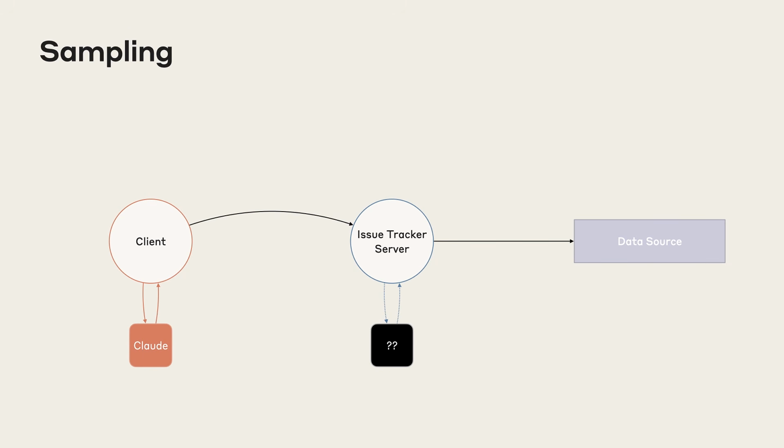One way to build this is you can build an MCP server that is this issue tracker server, and you have a choice here. You can bring your own SDK, call the model, and have the model summarize. But then there's a little problem to that. And the problem is that the client has a model selected, be it Claude or whatever else.